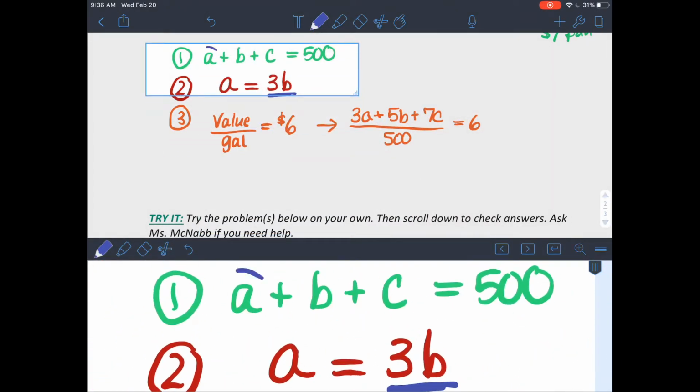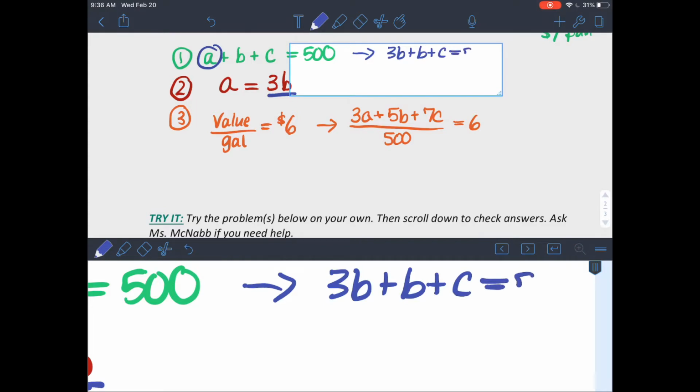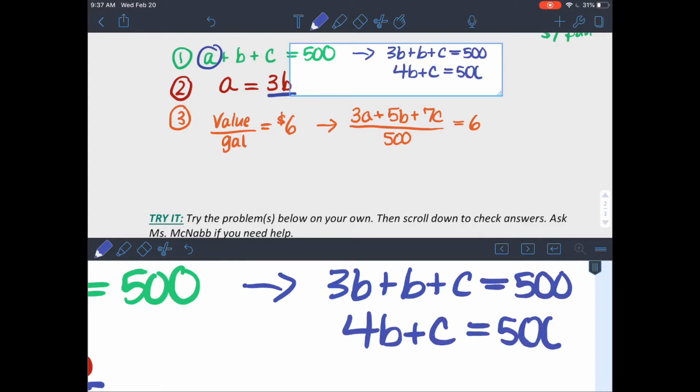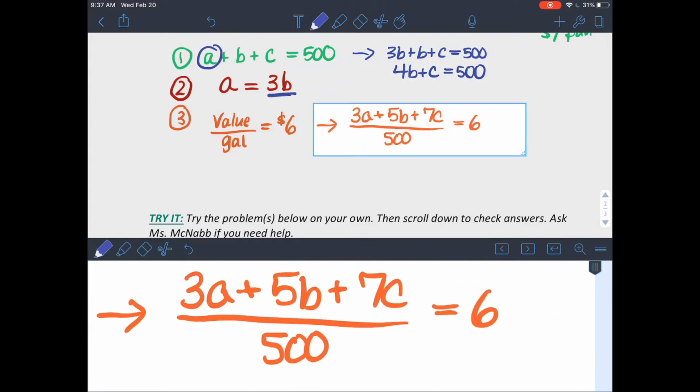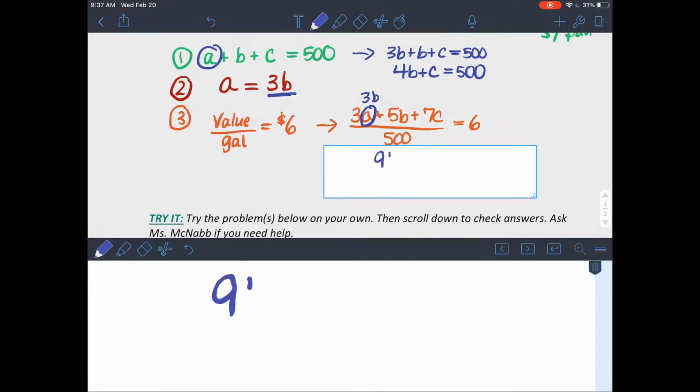We can solve this. You don't have to watch me solve it if you already know how to do this, but we could do some substitution. I would probably plug in 3b for A so that I get down to an equation that just has B and C in it, and I would substitute that into both of my other 2 equations. So if you do that, you end up with 2 new equations that just have B and C in them.